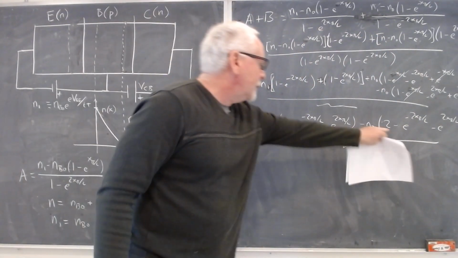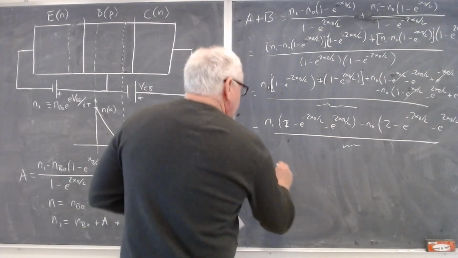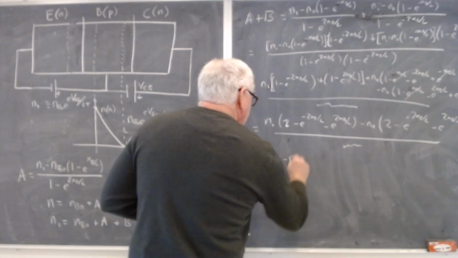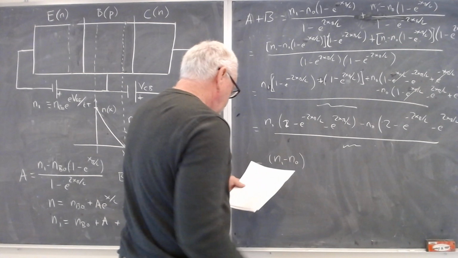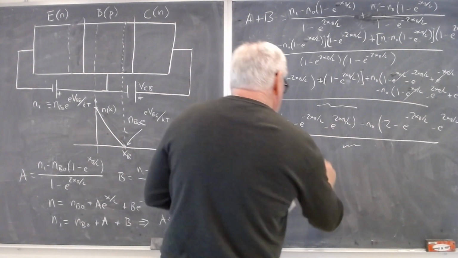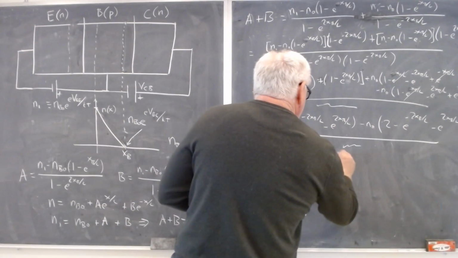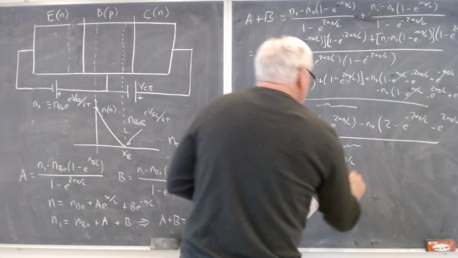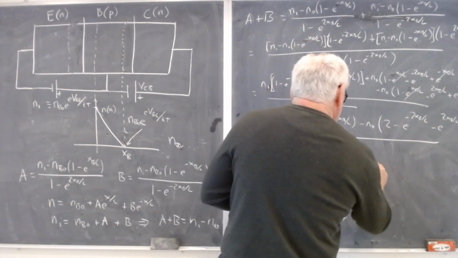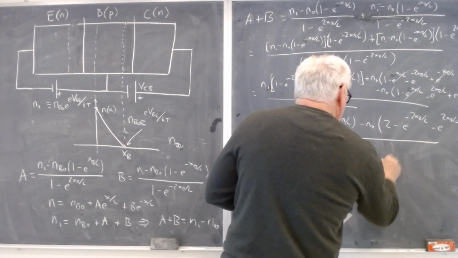And you see they're the same thing. So that's n1 minus n naught times 2 minus e to the negative 2xb over L minus e to the 2xb over L.